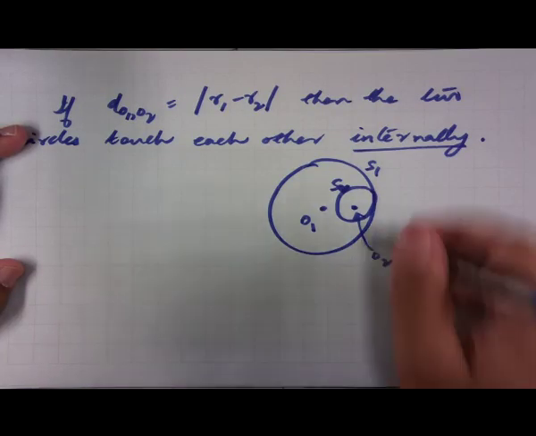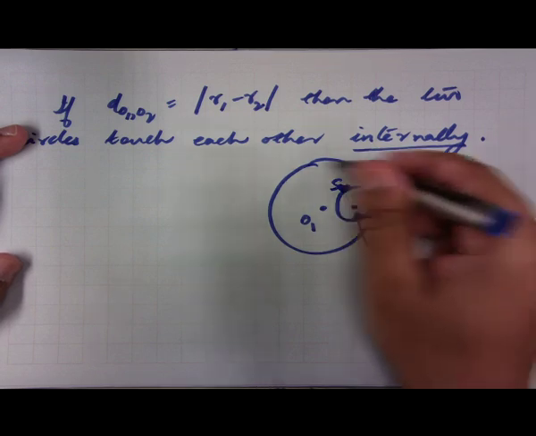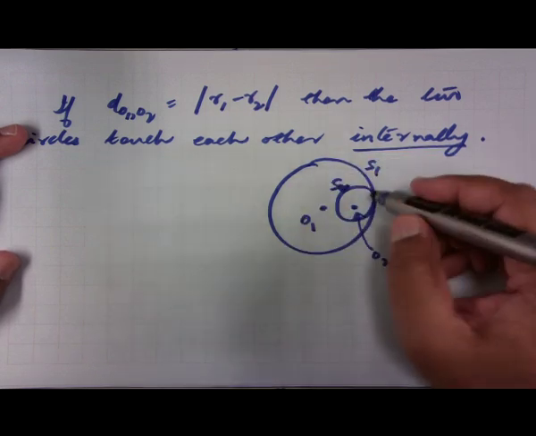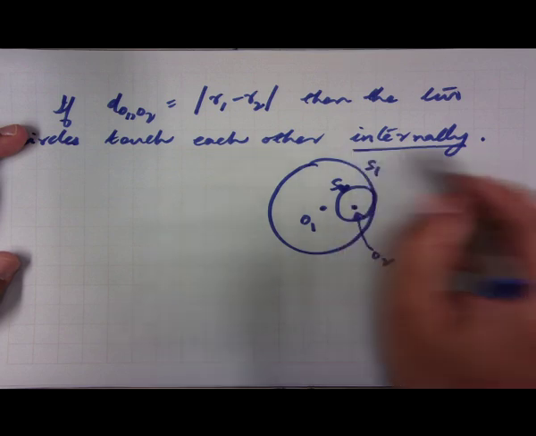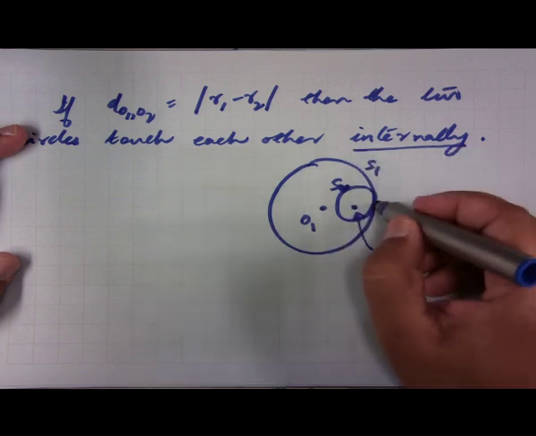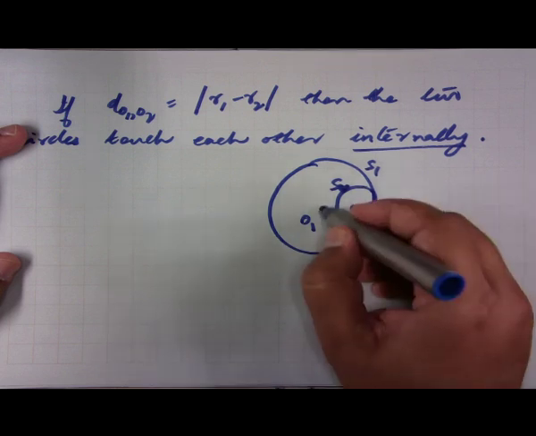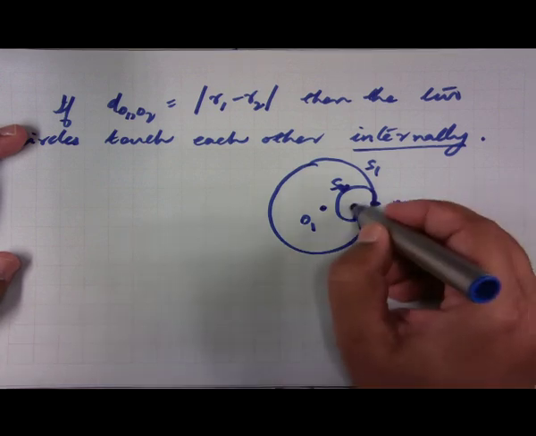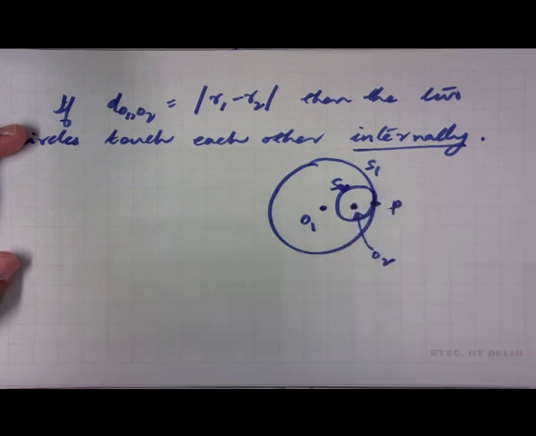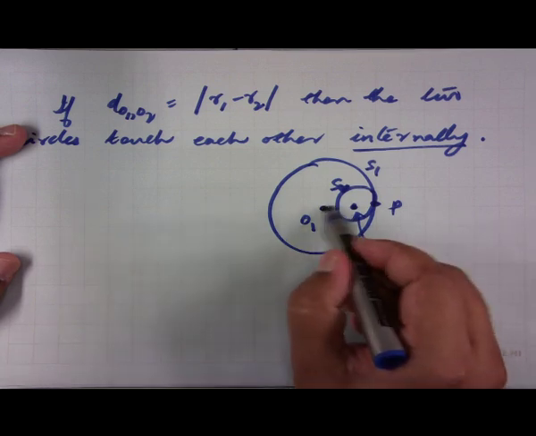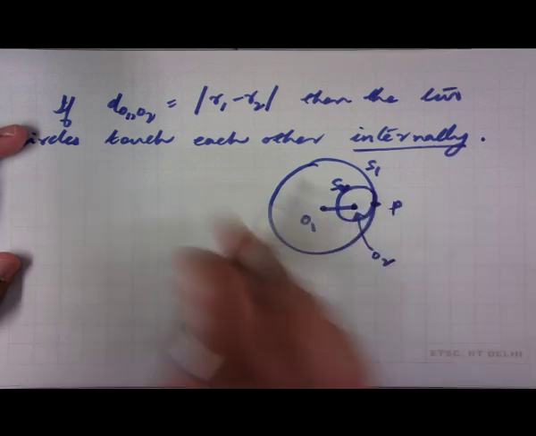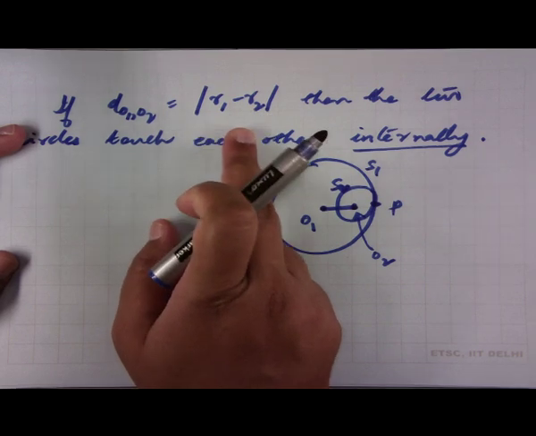The circle S2 touches the circle S1 from inside, that is why we said internally, at just one point P, and in this case the distance between the two centers is the absolute difference of the radii.